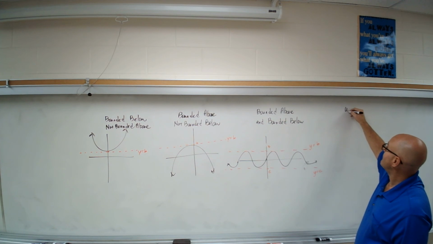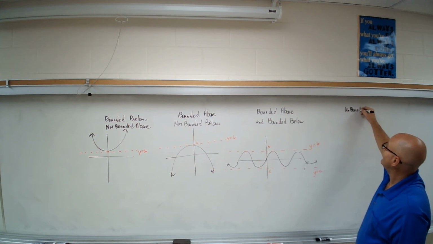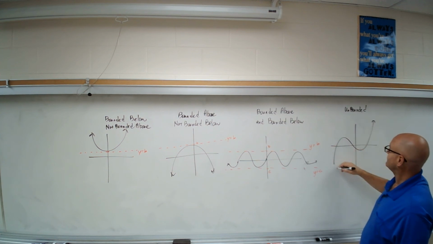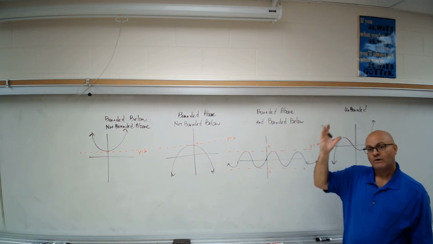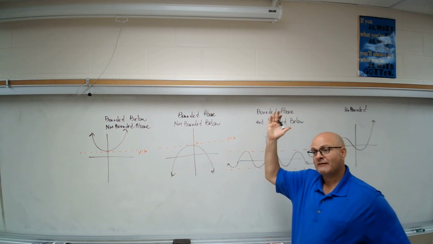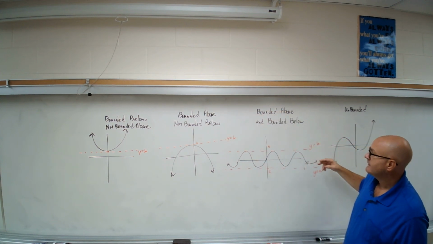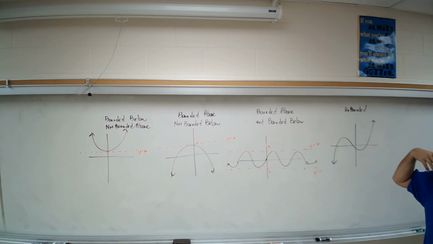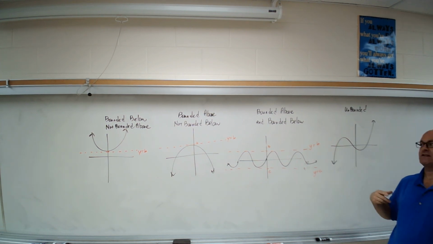And then we have some functions that are just completely unbounded. That would be like some of the cubics we were just graphing. One side goes up forever, one goes down forever. Now, which of these has a range of all real numbers? This one, right? Which would have a range of something like y is less than 5?